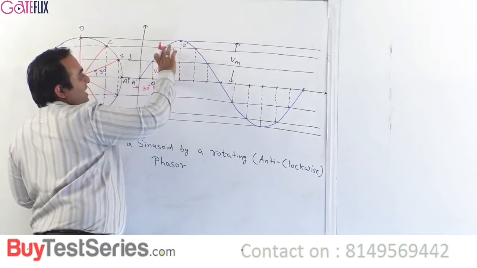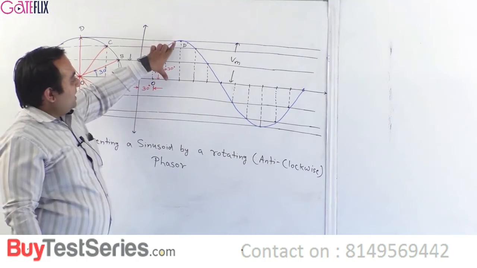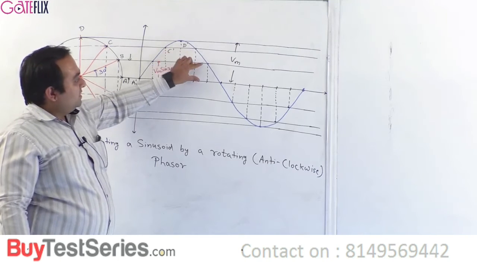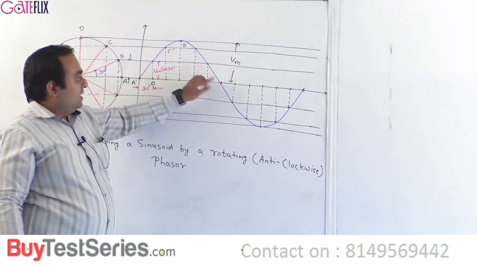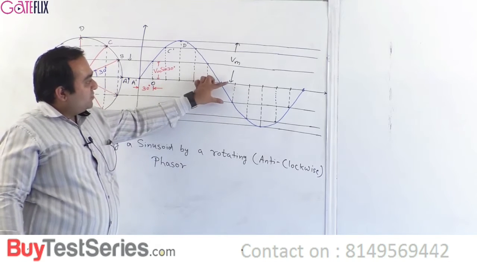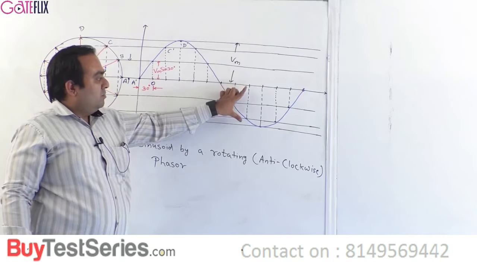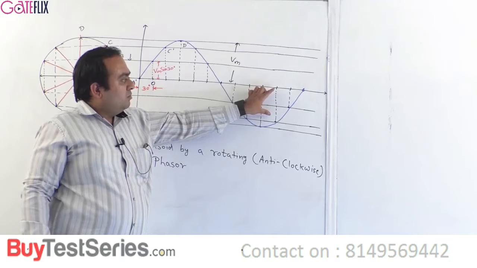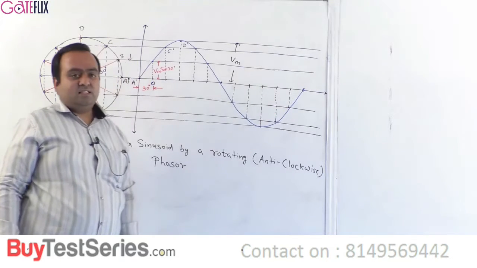Similarly, this C point is at Vm sine 60 degrees. This is Vm sine 90 degrees. This is Vm sine 120 degrees. This is Vm sine 150 degrees, and this is Vm sine 180 degrees. Moving forward, this is Vm sine 210, Vm sine 240, Vm sine 270, Vm sine 300, Vm sine 330, and Vm sine 360.